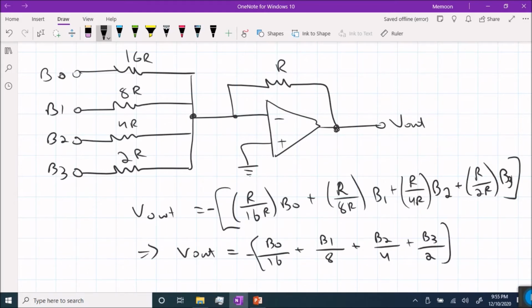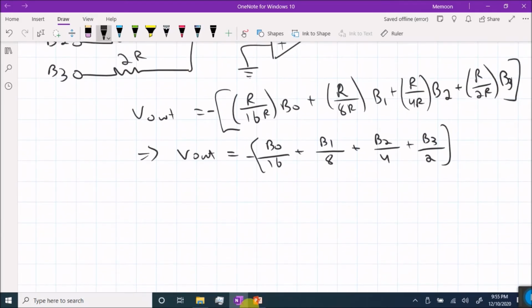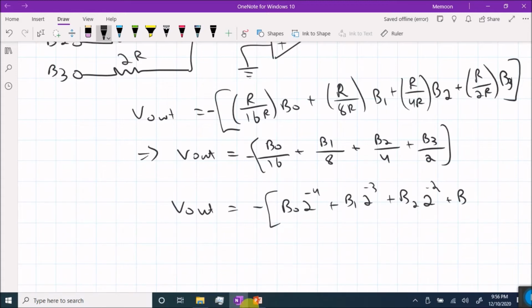And if we further simplify this equation, V out is equal to negative into B naught into 2 raised to power minus 4 plus B1 into 2 raised to power minus 3 plus B2 into 2 raised to power minus 2 plus B3 into 2 raised to power minus 1.